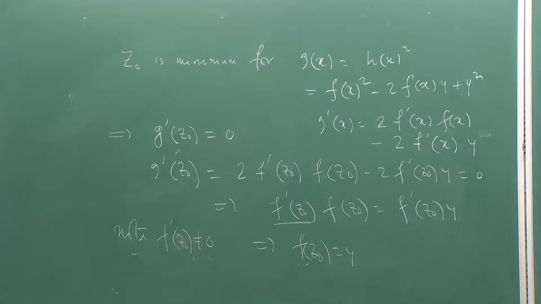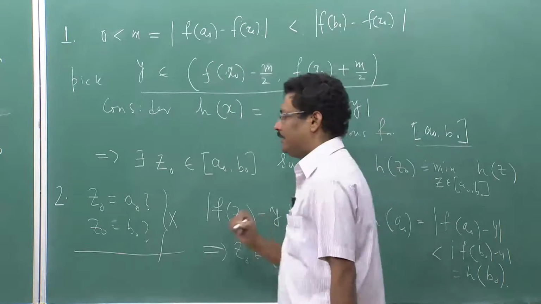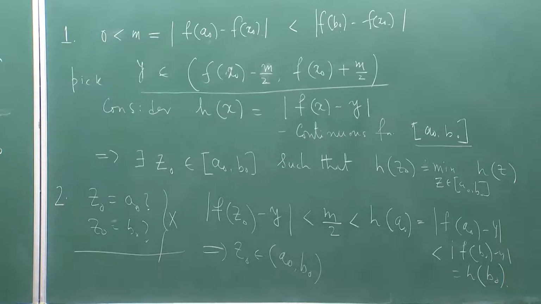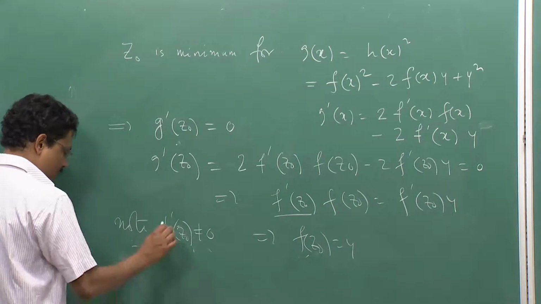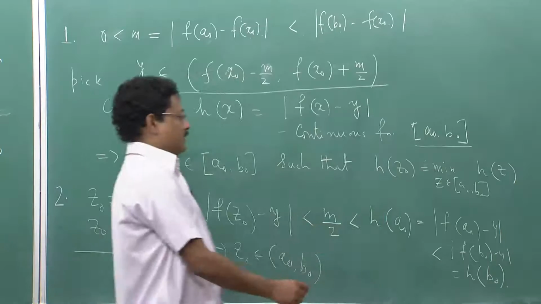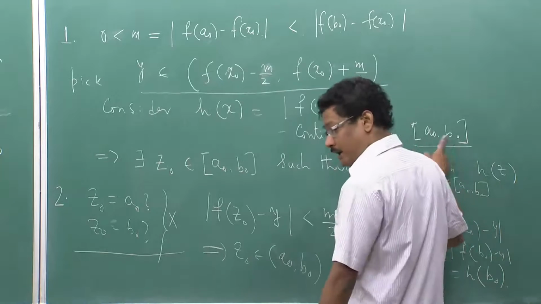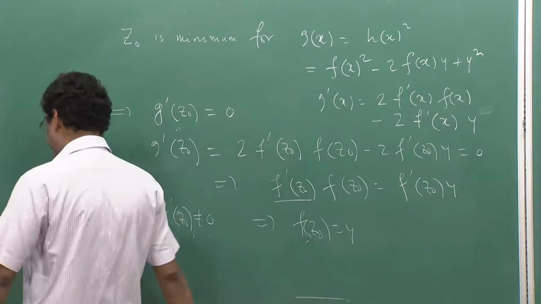So what did I get? For any such y, there exists a z naught in the open interval a naught b naught around x naught such that f of z naught equals y.